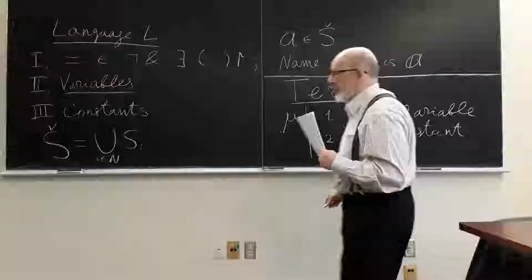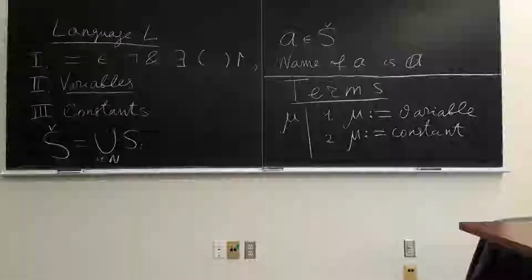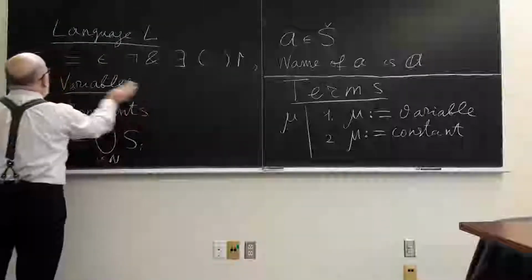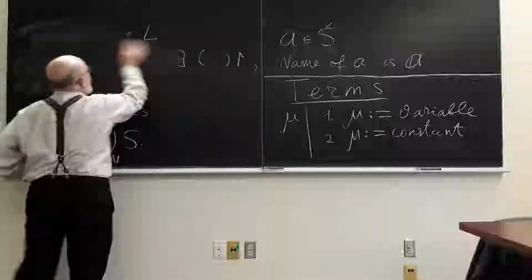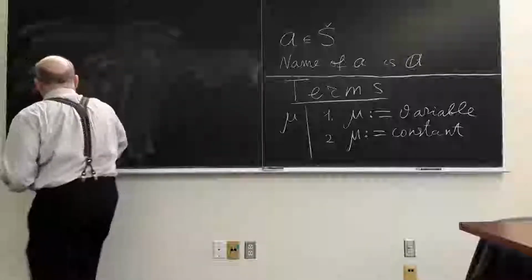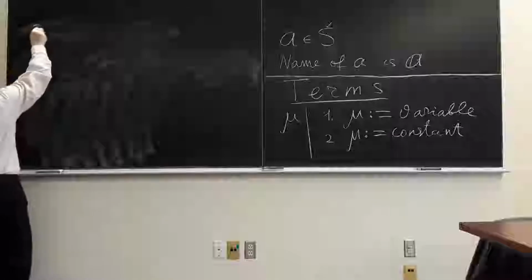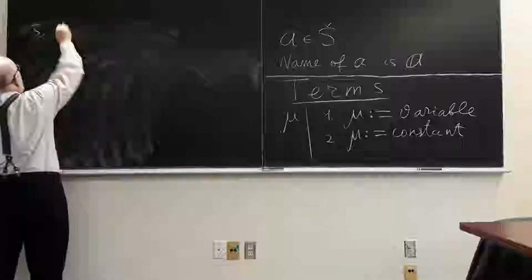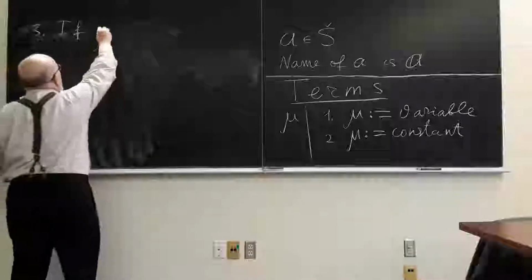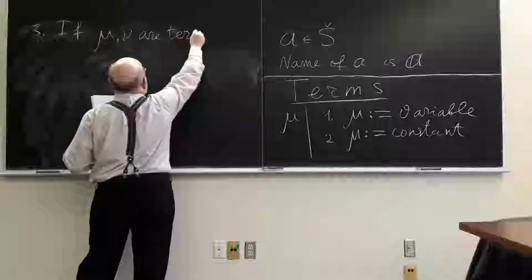So it is a constant denoting any element of our superstructure S. Then the third sort, suppose that you have two terms, mu and nu are terms.